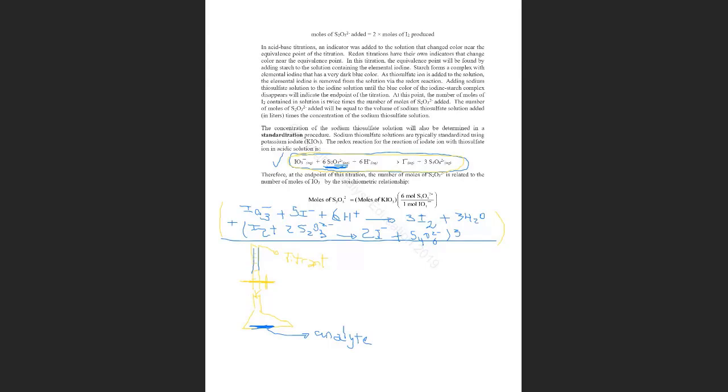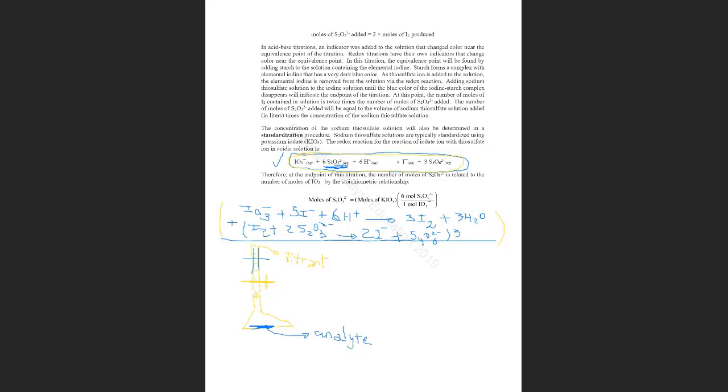When you are close to the end point, what are you going to do? How are you going to manipulate your burette? You don't want to add the titrant too fast, because you might pass the end point. And then when you read the volume, it's going to be higher than the real volume of the end point.